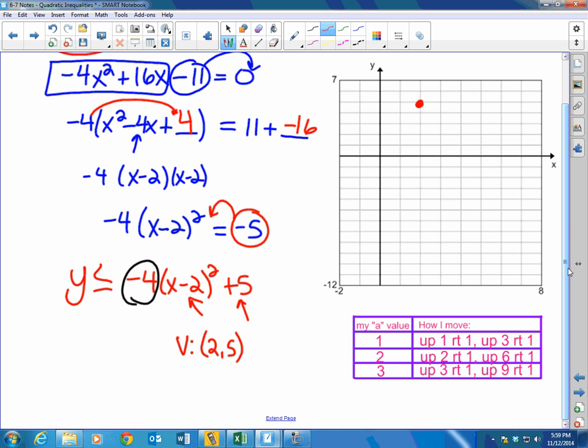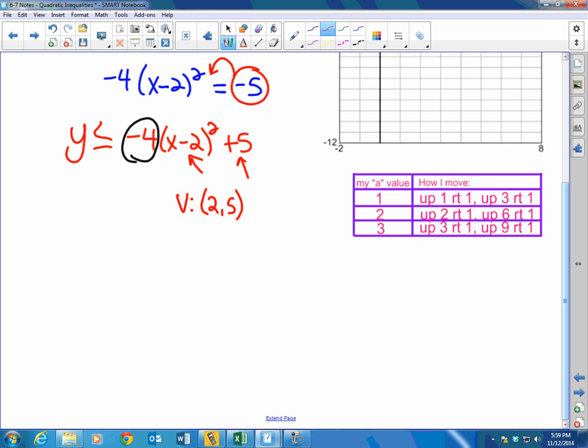And I don't have 4 on my little chart that tells us how to move, but I hope you can see a pattern. I want you to notice that this goes 1, 2, 3. Guess what? The next number is up 4, right 1 on the chart. And then here it goes 3, 6, 9. So the next one is up 12, right 1.